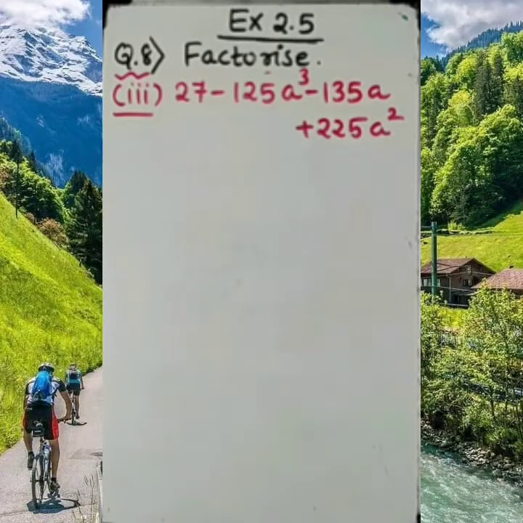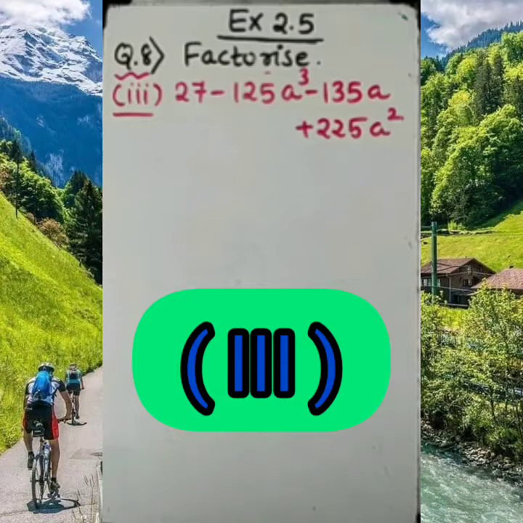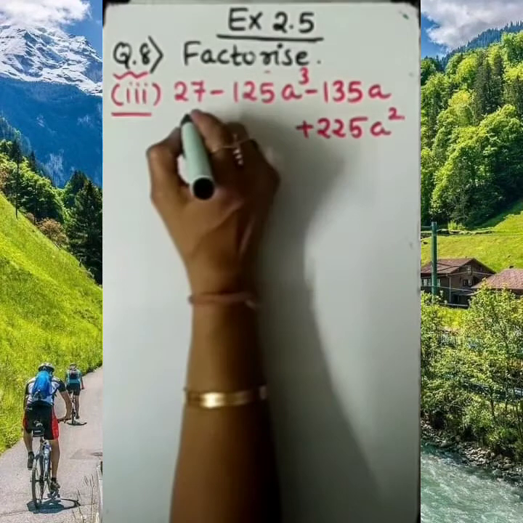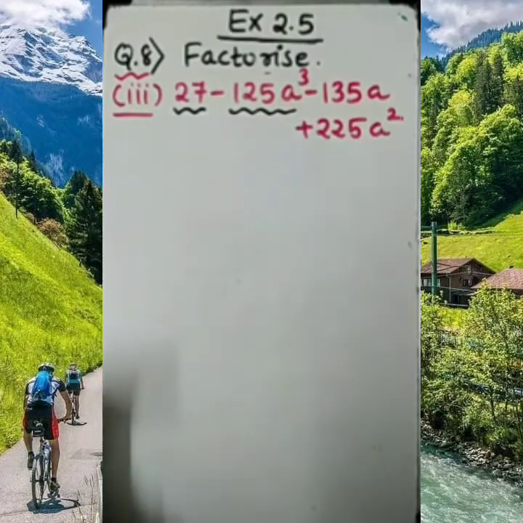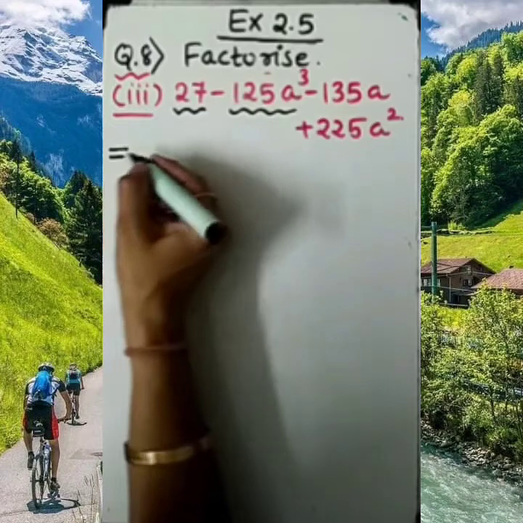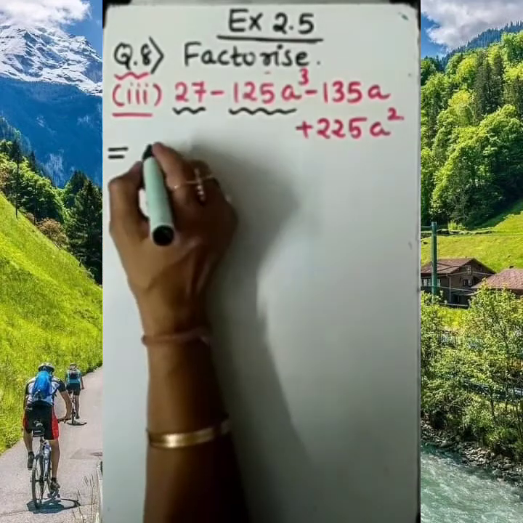So the question is in front of you. Third question of question number 8: 27 minus 125a cube minus 135a plus 225a square. First of all, dear student, just go with this. Which are the cube wala terms? These two cubic terms. So my dear student, focus on that much only, and here minus.